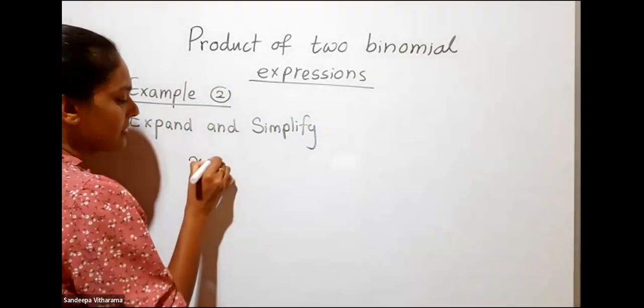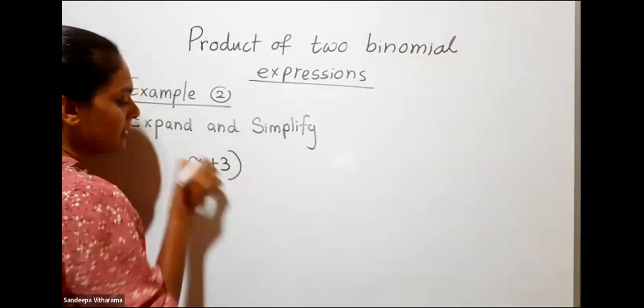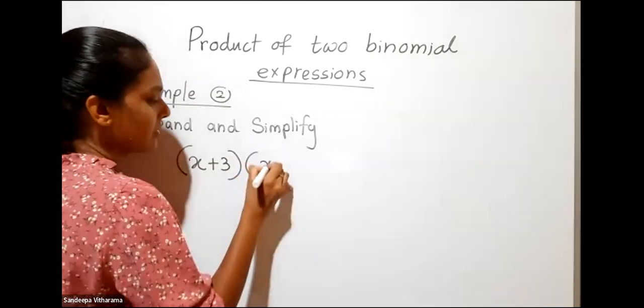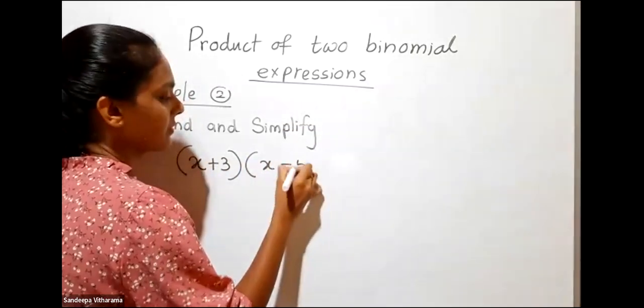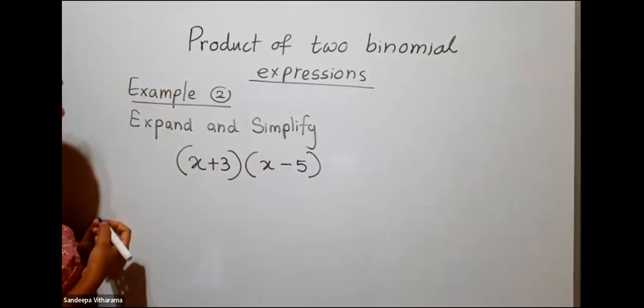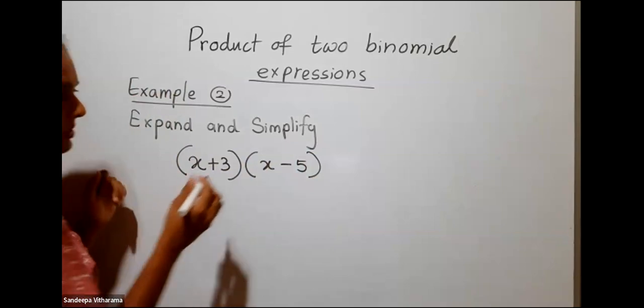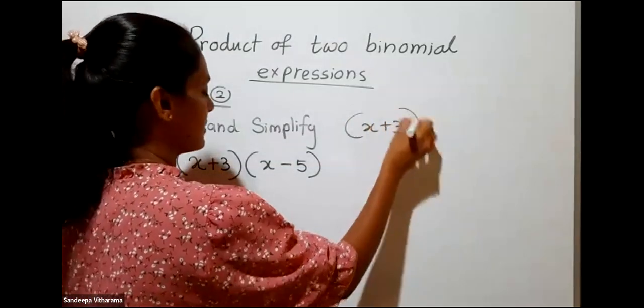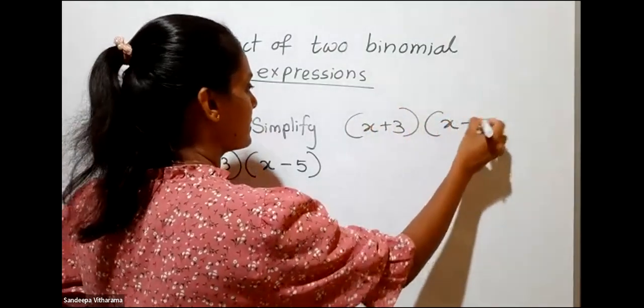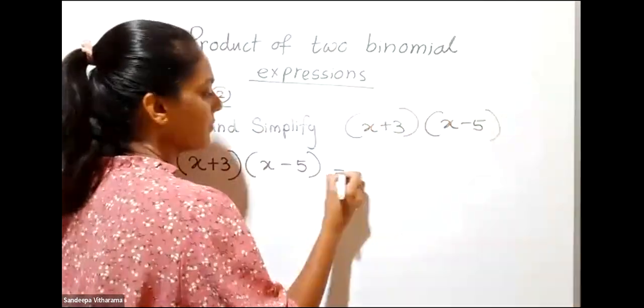It is x plus 3 times x minus 5. This is the question. Then how do we do it?